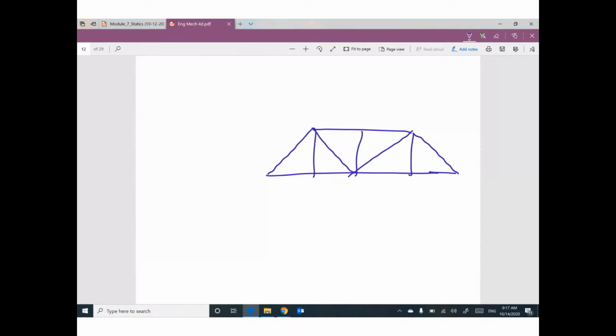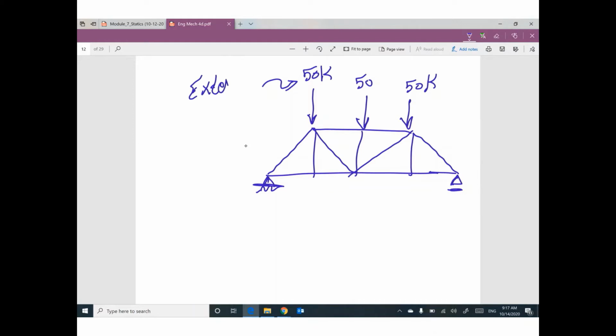Rested on supports, and we have external forces. Yeah, these forces, 50 kN for example, called external forces. These external forces created internal forces.